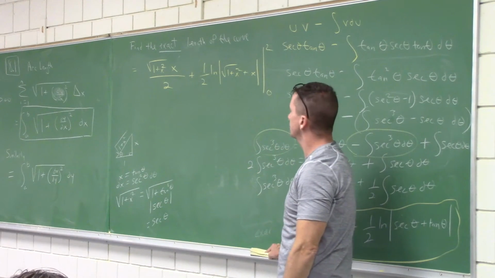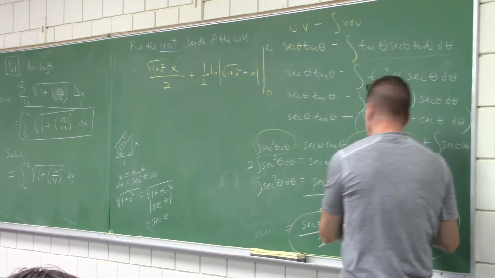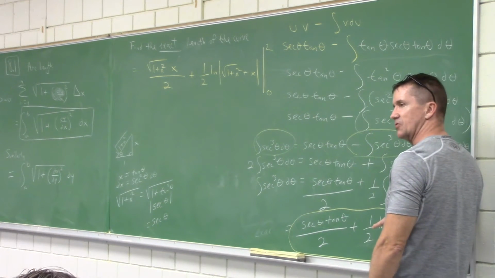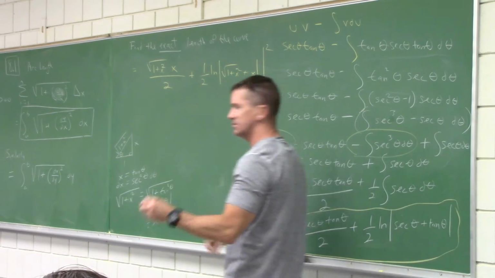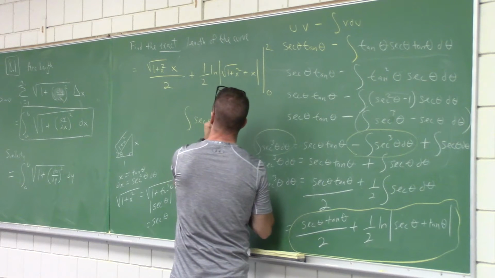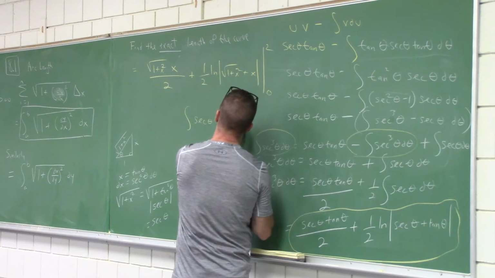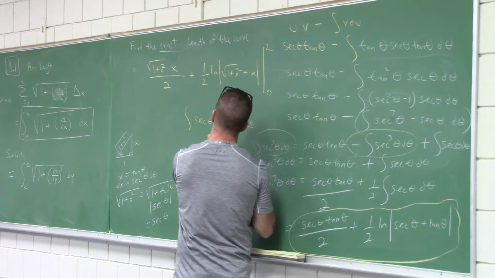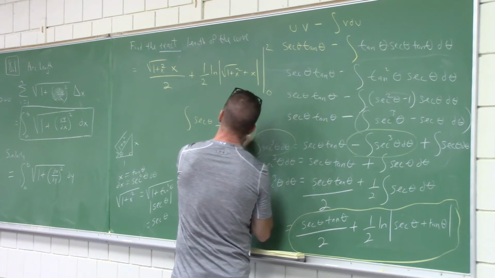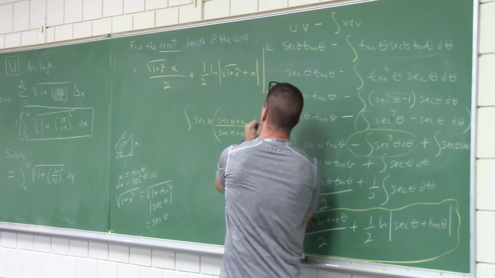Where'd the ln come from? The natural log came from this integral of secant theta. I didn't redo it just because that would have taken a few more steps. If you're curious, to do the integral of secant theta, you multiply by secant theta plus tangent theta over secant theta plus tangent theta. I'll just go like that, because that's 1, right?